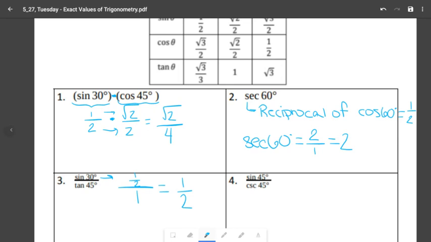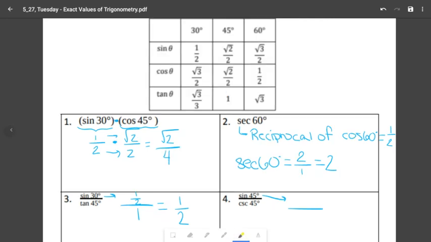So next one, the numerator, sine of 45. We have sine of 45. They overlap at radical 2 over 2.